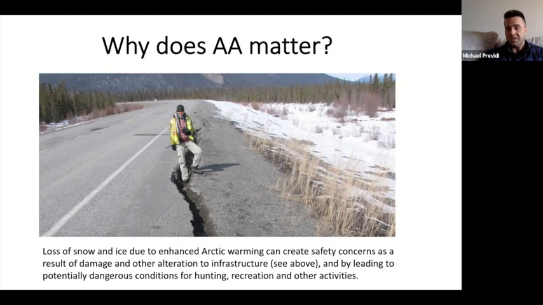So permafrost is the frozen soil, and as the climate warms, that ice in the soil melts, and it can lead to a lot of damage to roadways, as shown here, and also to buildings, other infrastructure. The loss of snow and ice can also lead to potentially dangerous conditions for a number of activities such as hunting and recreation.